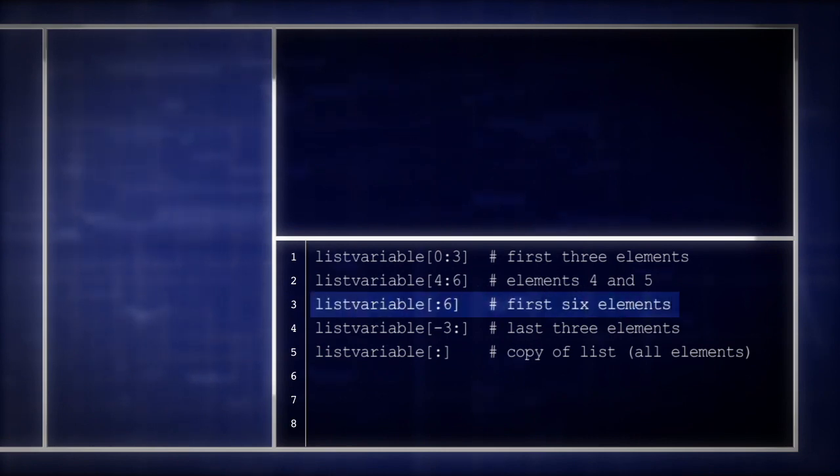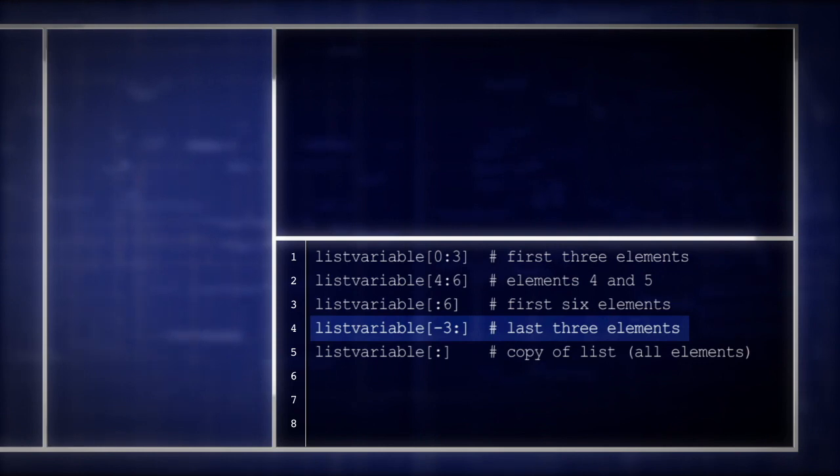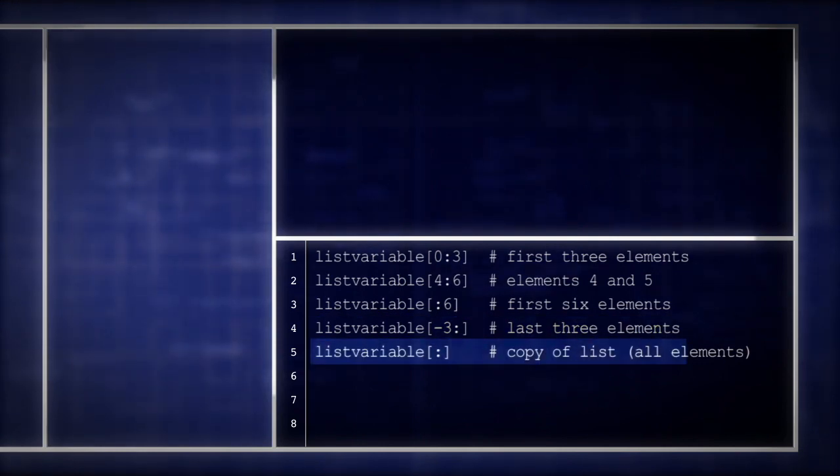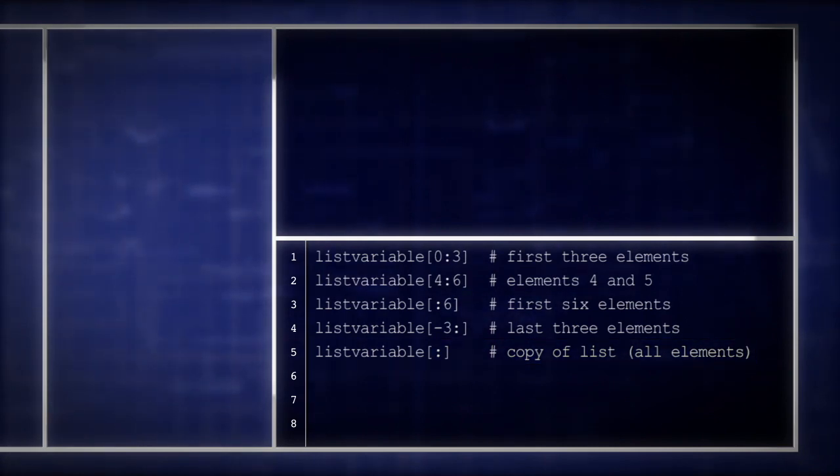So, the first 6 elements would just be :6, leaving off the first number because you want to start from the beginning. The last 3 elements would be -3:. And if we just put a colon, it means from the beginning to the end, which is another way of saying we want a copy of the entire list.